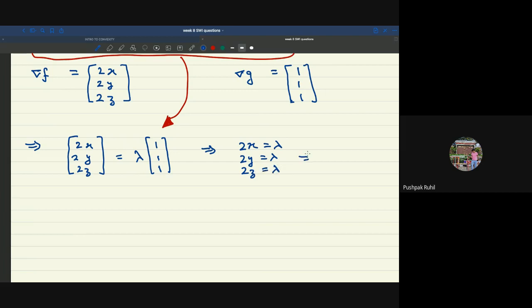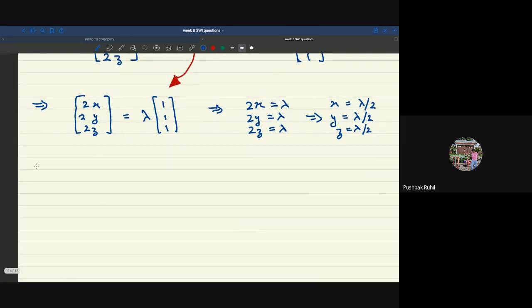And again, I can simplify it a little more. x is equal to lambda by 2, y would be equal to lambda by 2, and z would be equal to lambda by 2 as well. So basically, x, y, and z, all three are equal to each other.